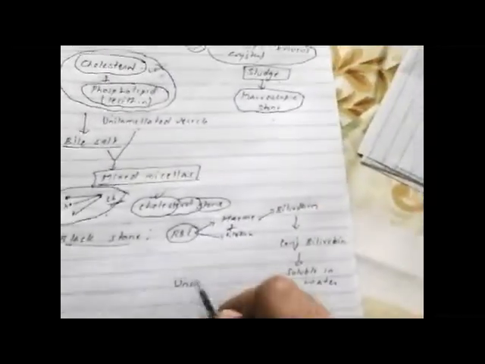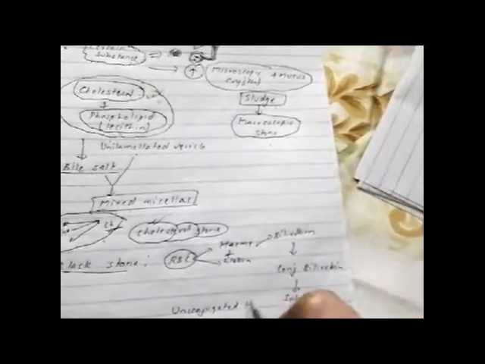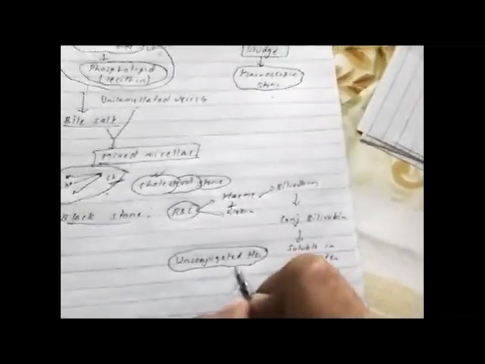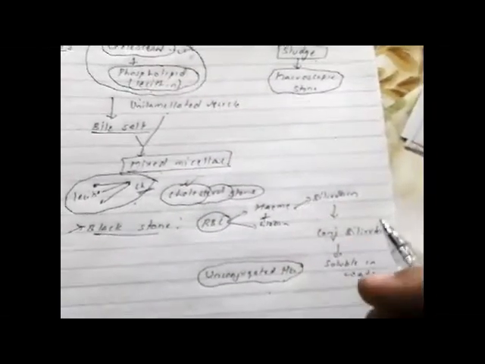Okay, and there can be a small amount of unconjugated bilirubin, like in case of excess hemolysis, spherocytosis and all that. This unconjugated bilirubin is insoluble in water, so it can precipitate and collect as a stone.